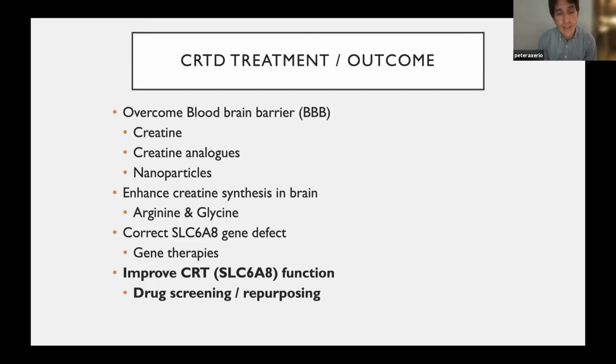The idea of using nanoparticles, but they haven't been used in terms of all the drugs. It's not a common thing. Enhanced creatine synthesis in the brain, as mentioned before, arginine and glycine can be administered. And the idea of using gene therapies, but it is an expensive technology.